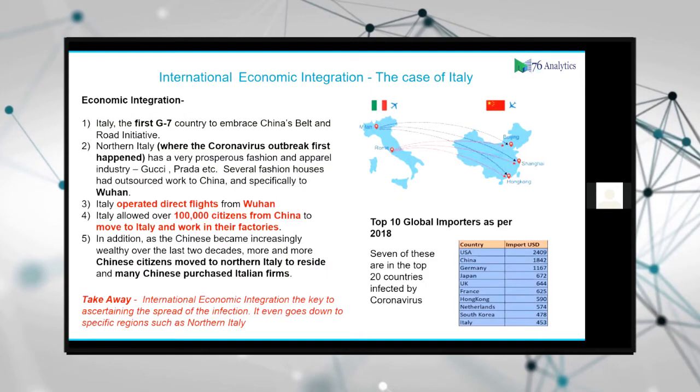We first looked at Italy, and there's a small box there where we have listed the top 10 global importers, as per 2018 data. Currently the global imports are taken as a surrogate metric to help identify the extent of economic integration of those nations.